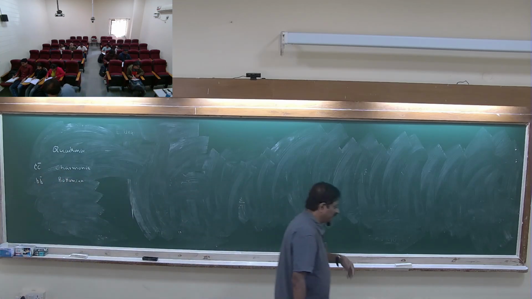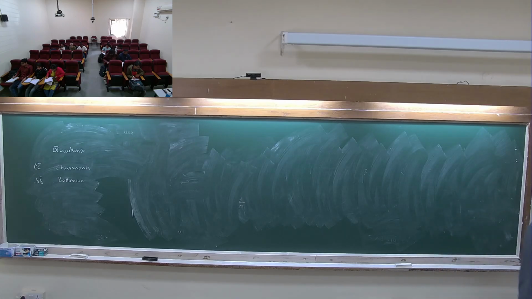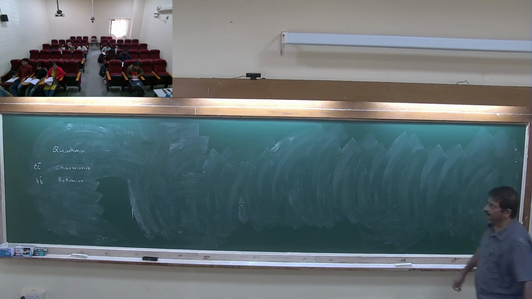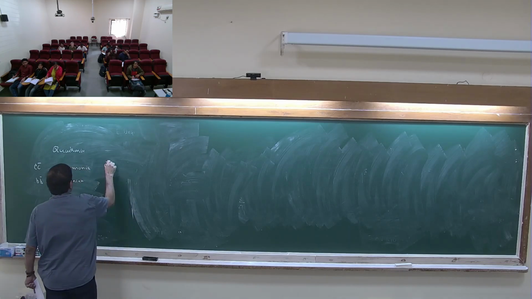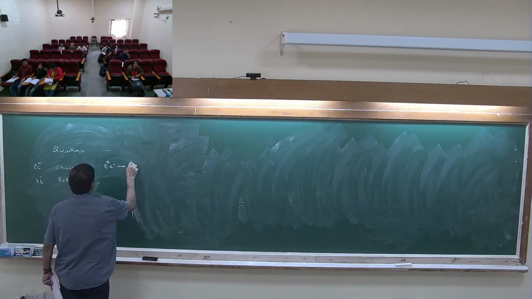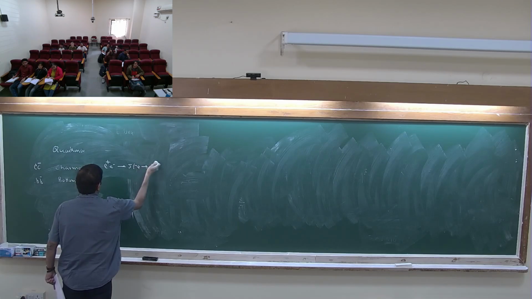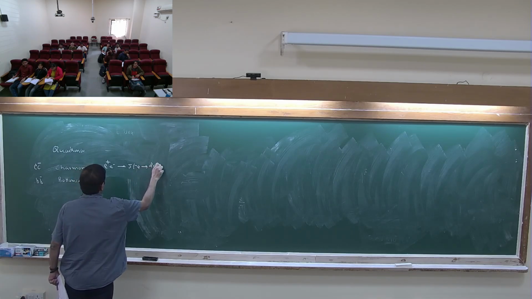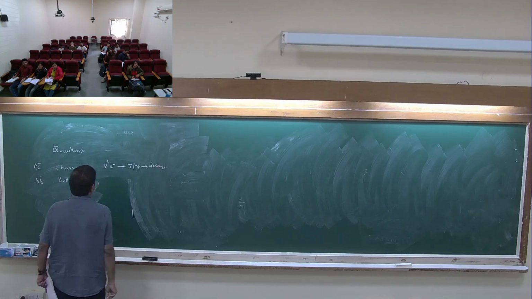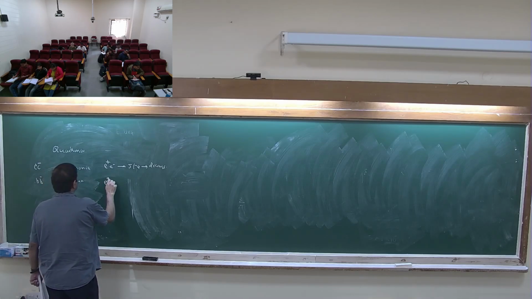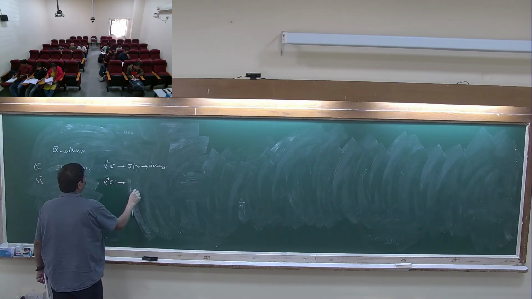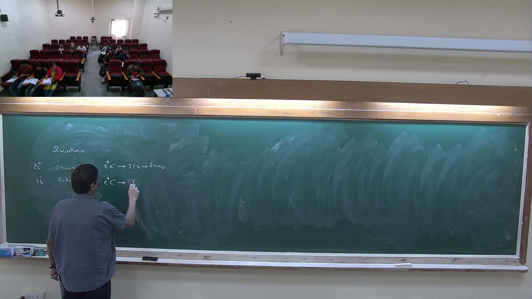No longer, but in those days. It's called a J psi. So in CC bar, E plus E minus produces a J psi, which then decays. And E plus E minus goes to something called an epsilon.